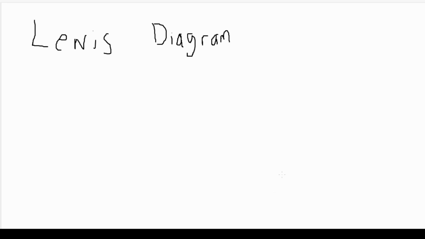And for the AP exam, you need to know how to draw them and how to pick up certain properties from them. Today's video will only focus on how to draw them. The rest of Unit 2 is going to be devoted to looking at a Lewis diagram and figuring out what properties that diagram reveals. So without further ado, let's get into the meat and bones of this lesson.